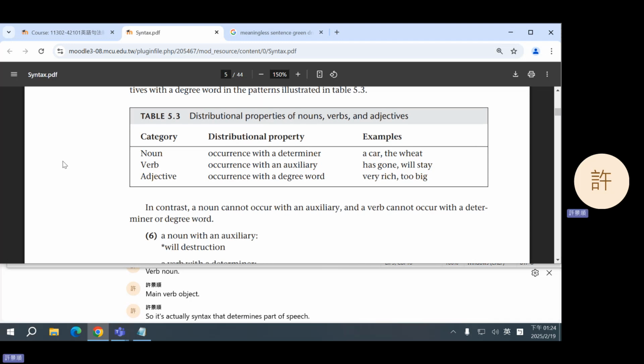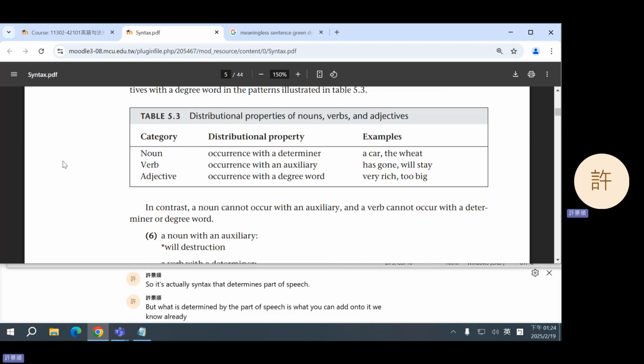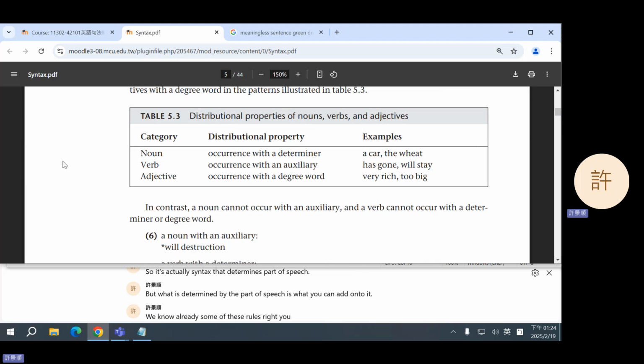But what is determined by the part of speech is what you can add onto it. We know already some of these rules, right? You can only add a or the to a noun. You can only add very to an adjective. But again, you should take this idea and turn it around.